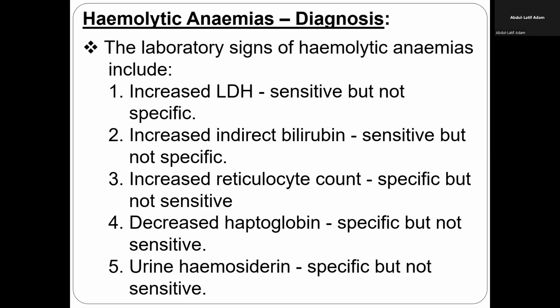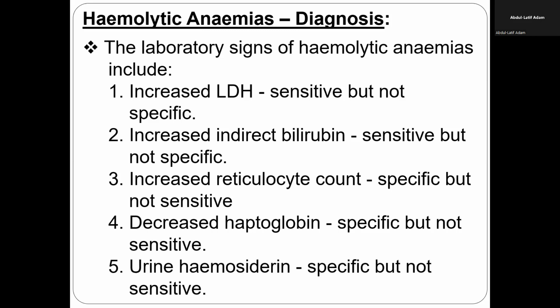Increased reticulocyte count. That is specific, but may not always be seen. So it's not sensitive, right? In this case, because of the hemolysis, the red cells are dying far earlier than they are supposed to.